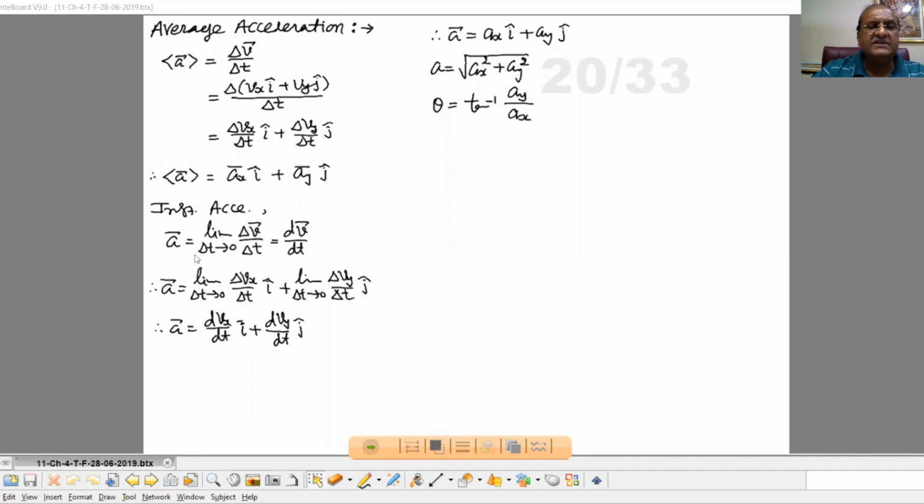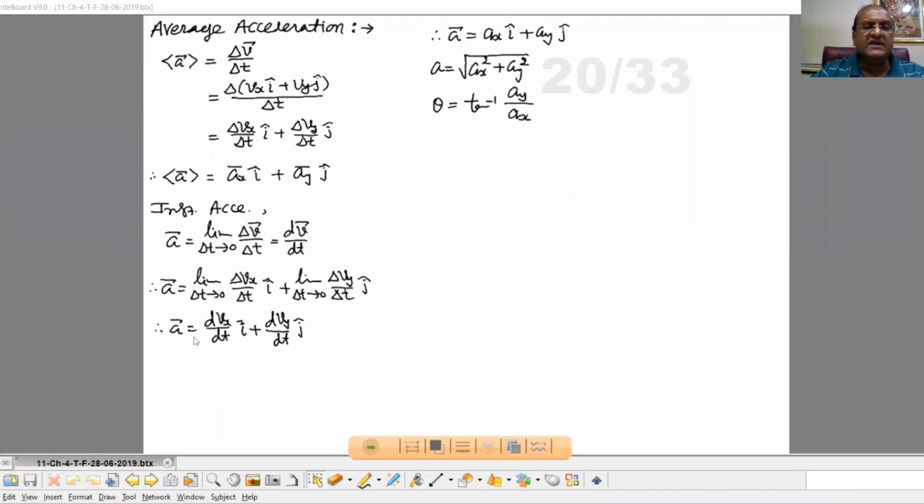Instantaneous acceleration is the limit as delta t tends to 0 of delta v by delta t, that is dv by dt, the differentiation of velocity with respect to time t. So acceleration equals the limit as delta t tends to 0 of delta Vx by delta t i caret plus the limit as delta t tends to 0 of delta Vy by delta t j caret.